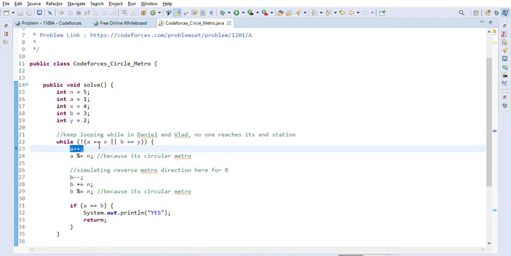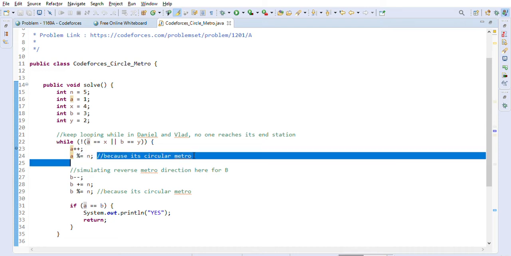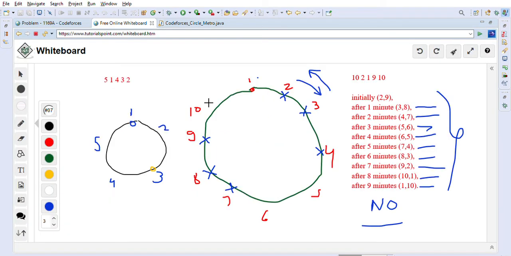So we will increment A, because this is a positive direction, so it will be 1, 2, 3, 4 like that. We increment A and then say A is equal to A mod n, because it's a circular track. Why are we doing mod? Because after 10 we want to reach 1.